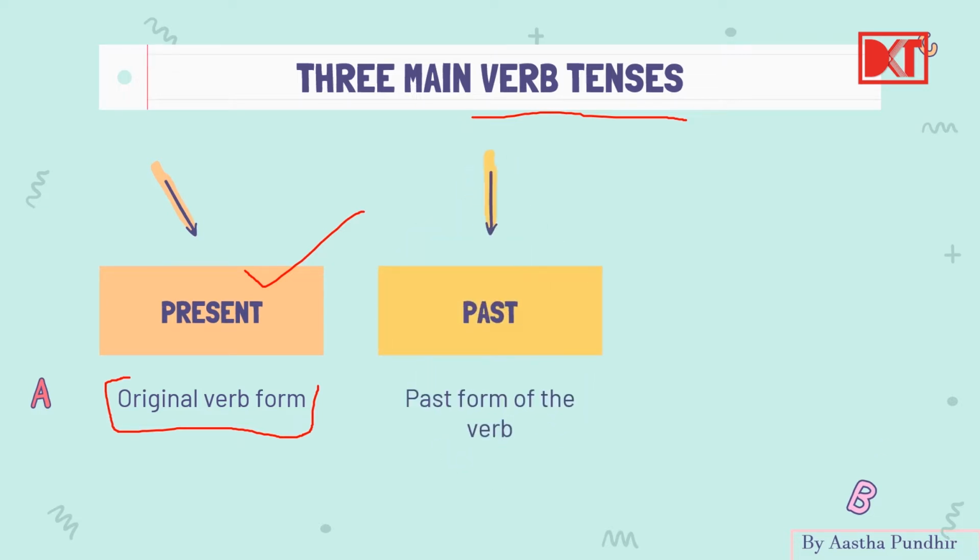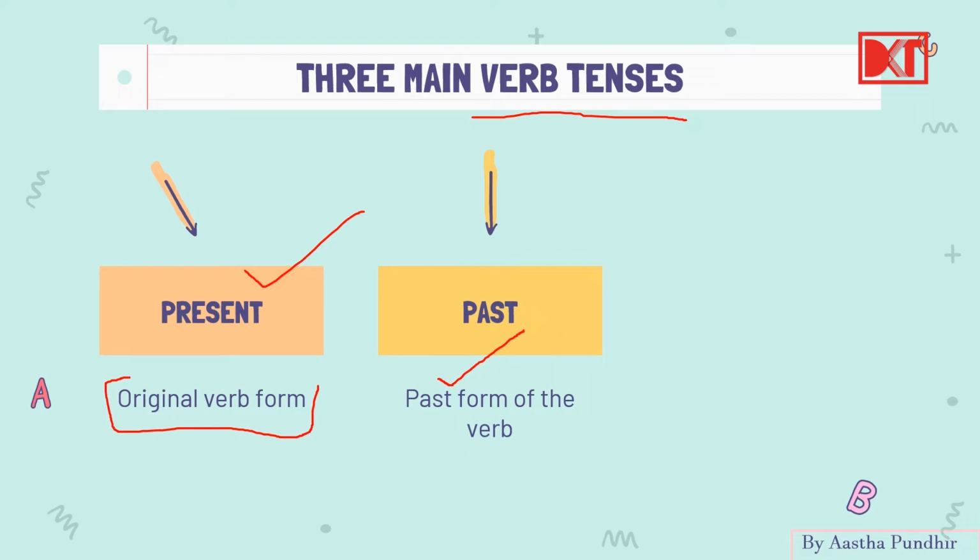Second is past. Past means something that has happened previously. The past form of the verb is used, and how the past form is understood, and what is the past form of the verb, is what we will do in the upcoming class as well.